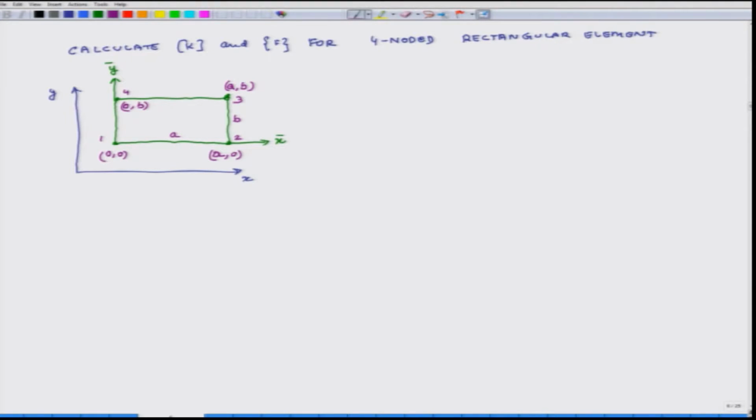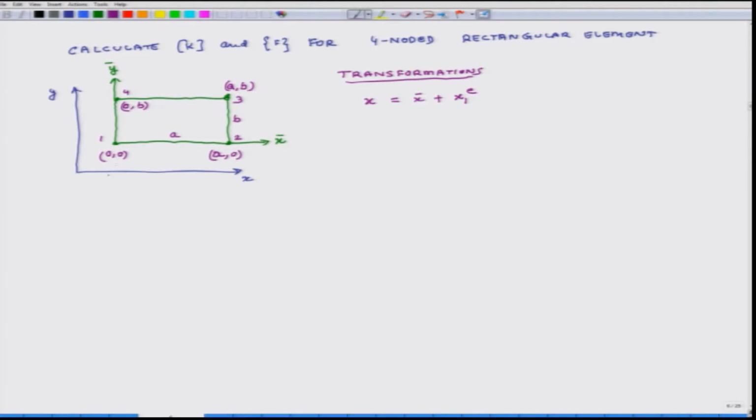So, now first let us look at the transformations. If there is a point x in the global coordinate system, that can be written as: the x coordinate of any point in the global coordinate system is equal to x bar plus x1 e. What is x1 e?